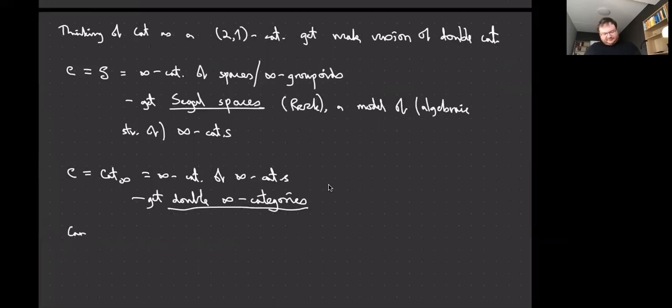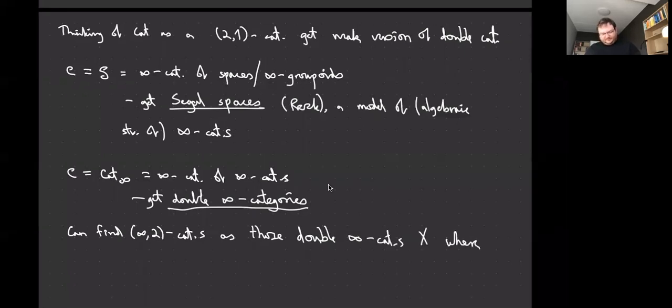And inside of those, we can find infinity 2 categories as those double infinity categories, say X, where the 0th category is actually an infinity groupoid.